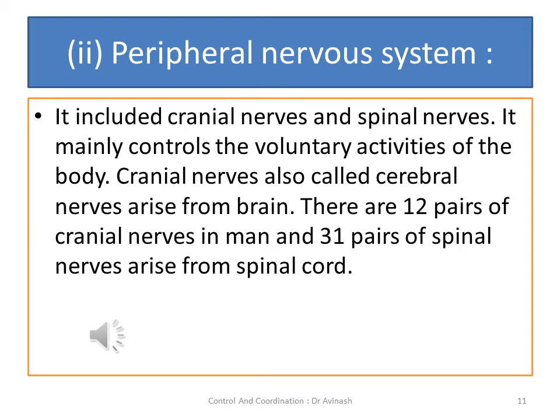Cranial nerves, also called the cerebral nerves, arise from brain. There are 12 pairs of cranial nerves in man, and 31 pairs of spinal nerves arise from the spinal cord.